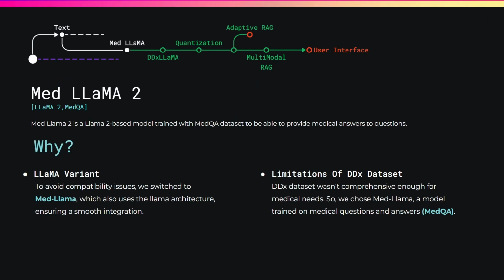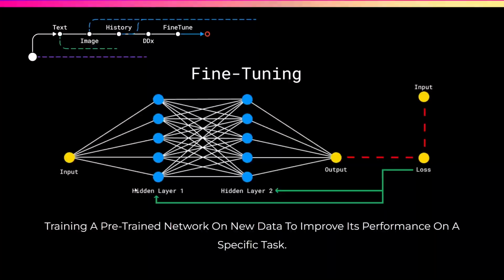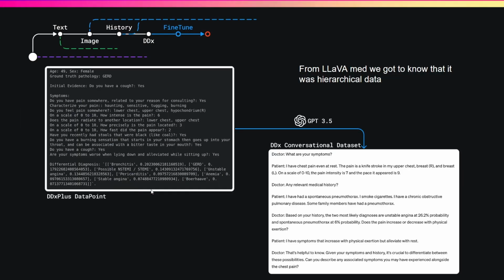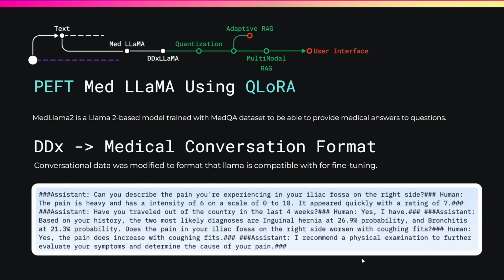So then we again prepared the dataset. As I showed you, this dataset was compatible with LlavaMed, but now we wanted to fine-tune this MedLlama 2 on our dataset. So we again created a parser to convert that conversation into a MedLlama 2 compatible format.